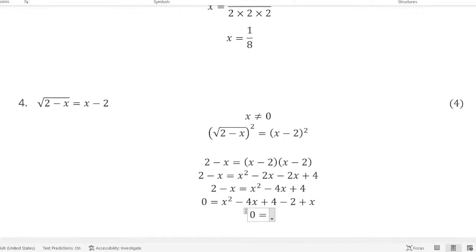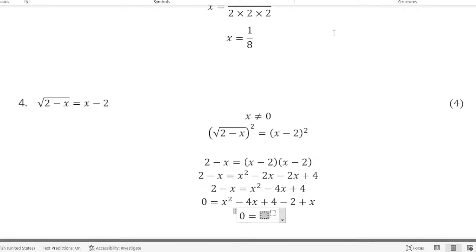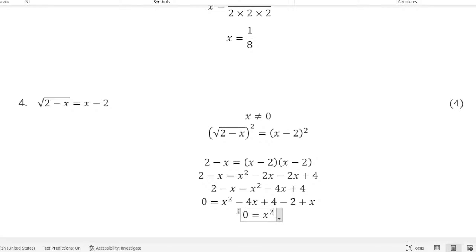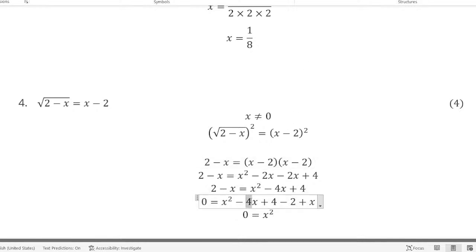0 is equal to x squared, then minus 4x plus x, we have minus 3x.